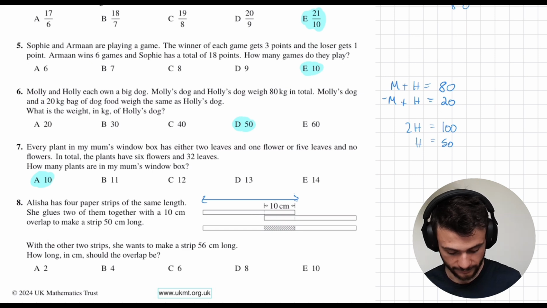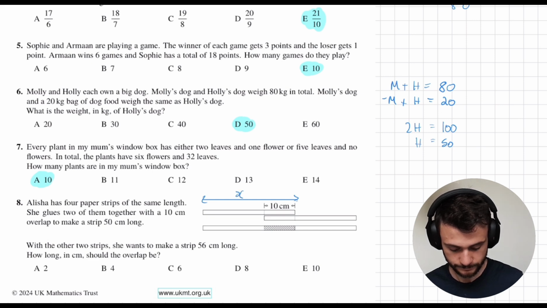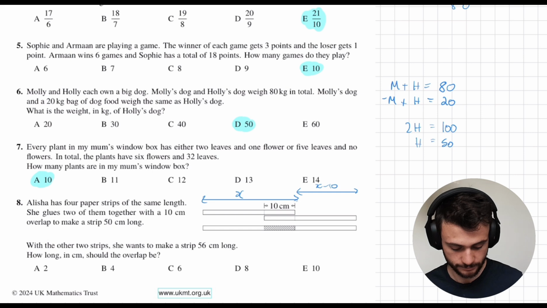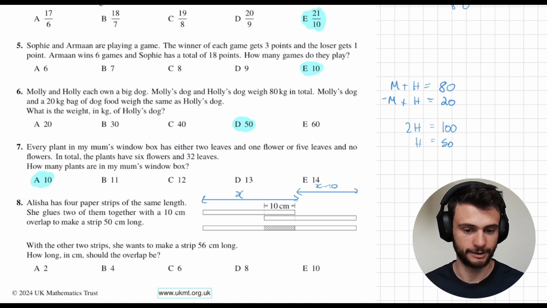Sorry, we don't know the full length of one strip. So we could just call that x. And this part of the strip is just going to be x minus 10, because we don't want to count that 10 centimeter part twice.